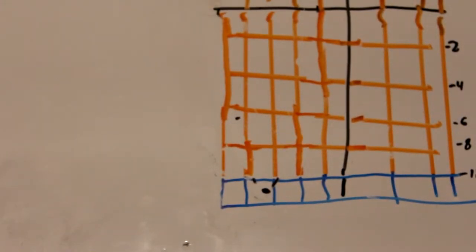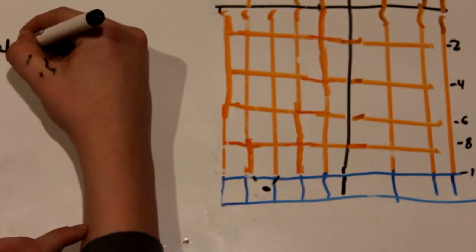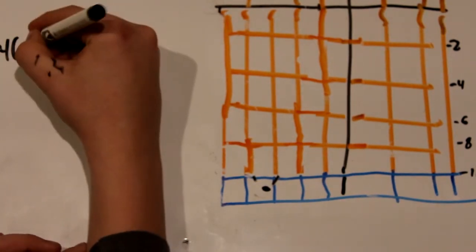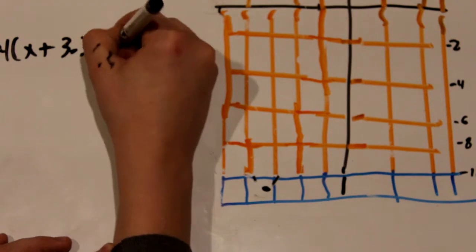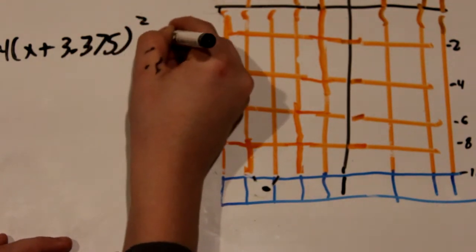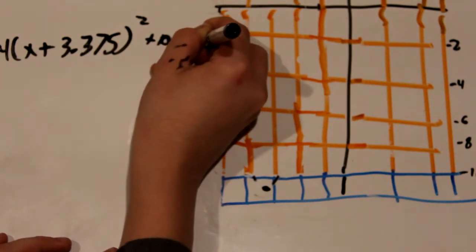Okay, so I've zoomed in just a little bit here to make things easier on the eyes. So now we're going to start actually graphing our parabola. Now, I've erased our equation, but I remember it as 4x plus 3.375 squared plus 10.5625.